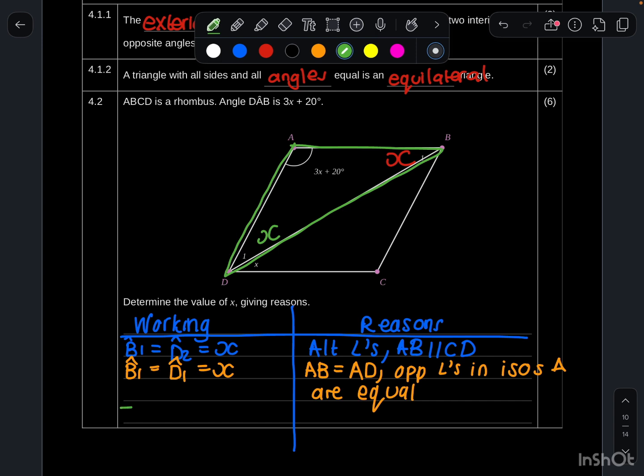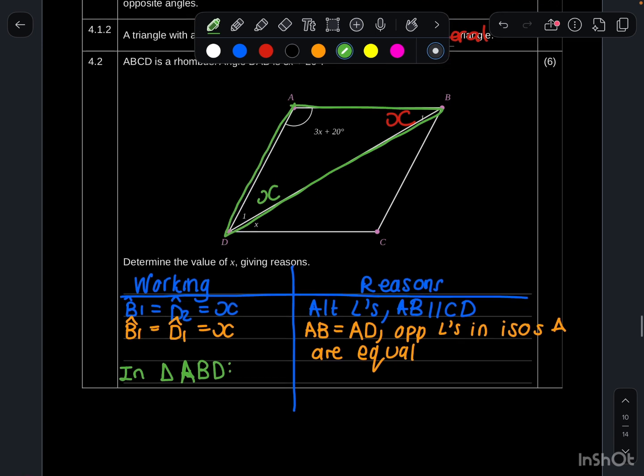So in triangle ABD, we've got 3x plus 20 plus x plus x. That adds up to 180 degrees because the interior angles of a triangle add up to 180 degrees.